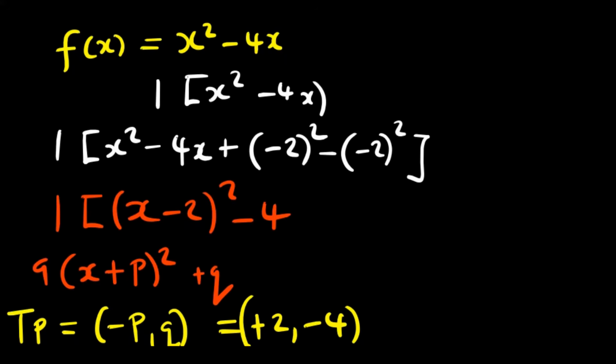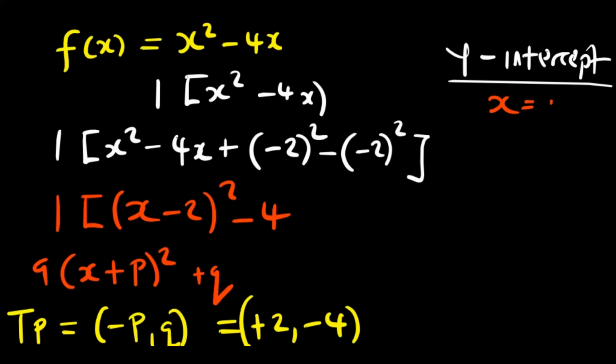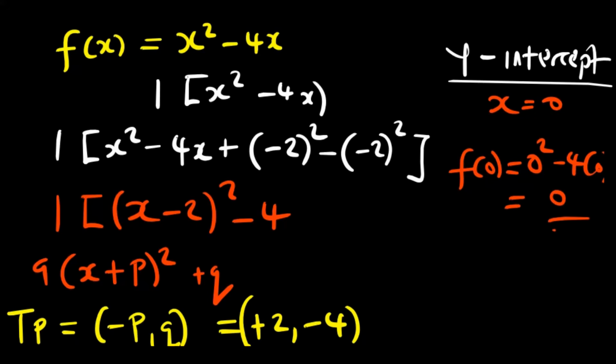So for us to find the y-intercept, it's just that place where you're cutting the y-axis. On the y-axis, x is equal to 0. So we're going to get the function, and wherever there's x, we're going to put 0. So f of 0 will be equal to 0 squared minus 4 times 0. In this case, we're just going to have a 0. Since we have 0, the y-intercept is 0 comma 0.